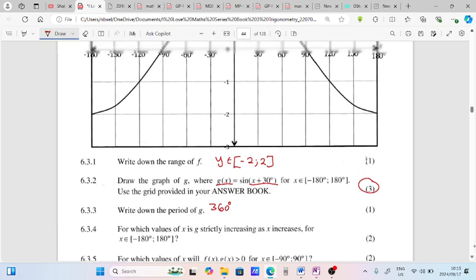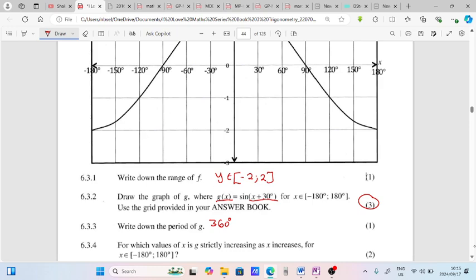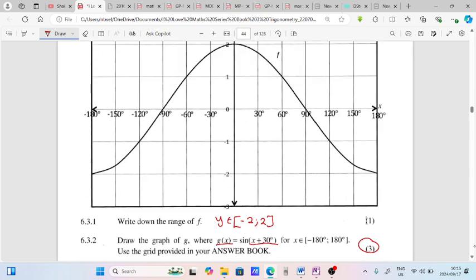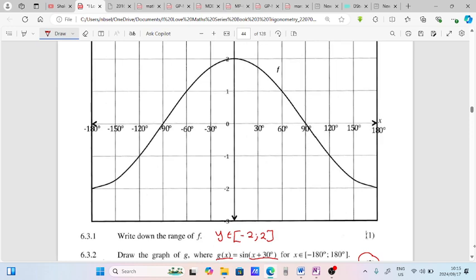Now these are the questions that we'll need to answer. Can we draw the graph quickly? The graph of sine shifted by 30 degrees to the left. The original graph will be something like this, with a turning point here, then from here to 180, then to negative 1, and then a turning point.